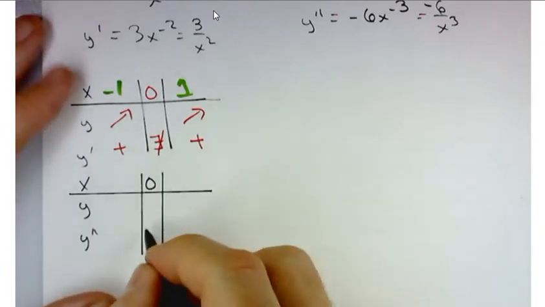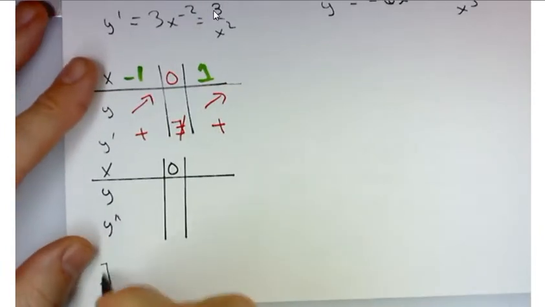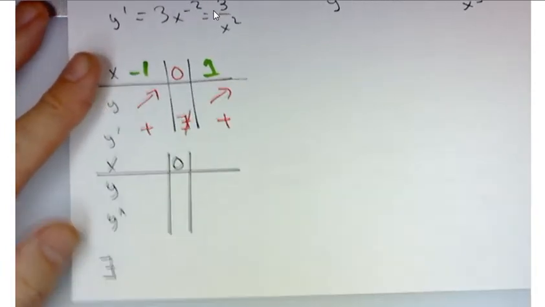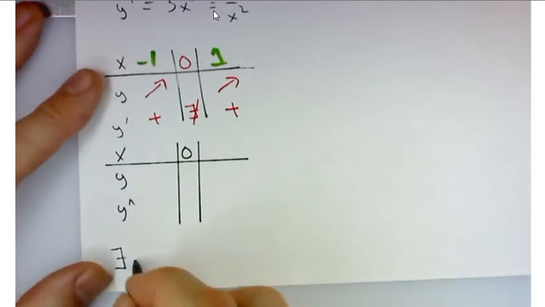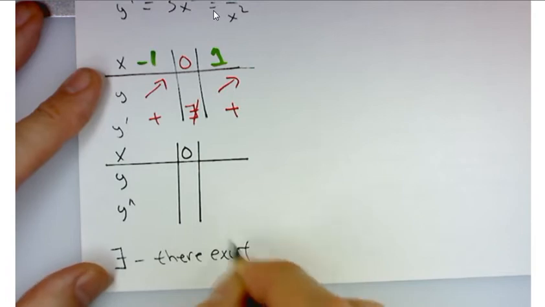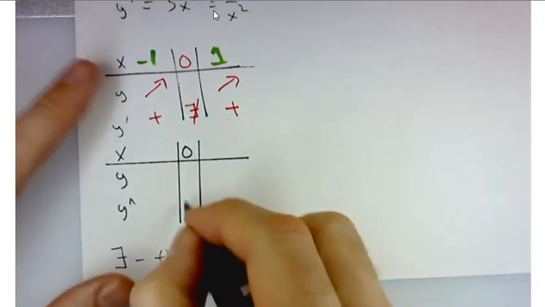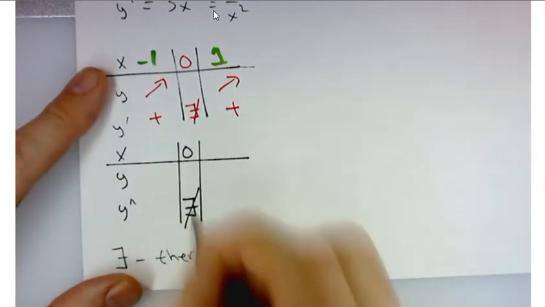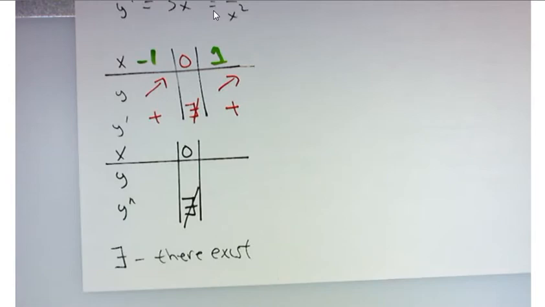This backwards e here is some mathematics script. Backwards e means there exist. If I do this, backwards e, and then we'll do a slash through it, what am I trying to say? Doesn't exist, yeah. The second derivative doesn't exist there, right? It's undefined at 0. That's okay.